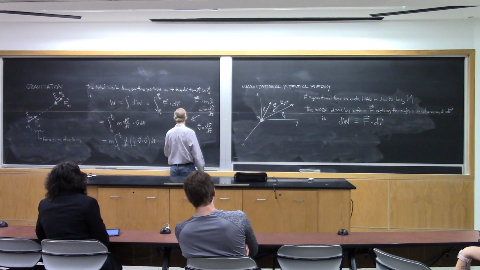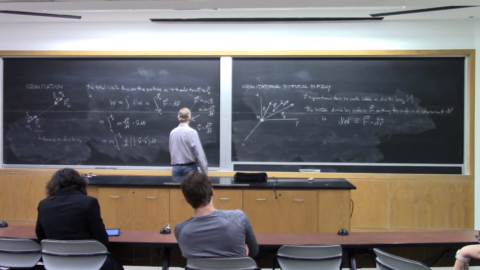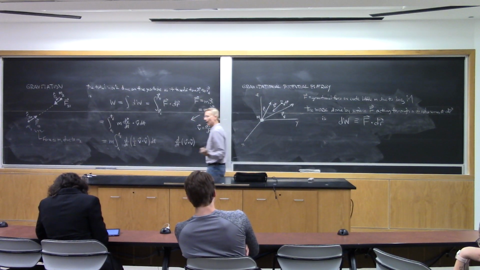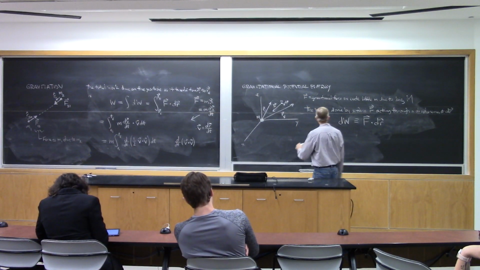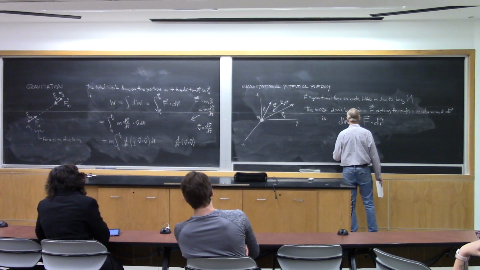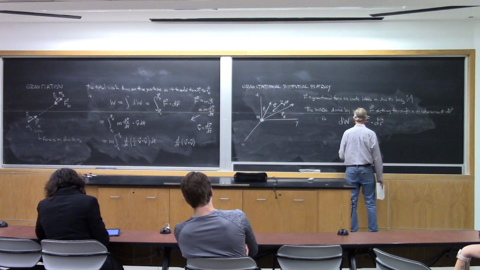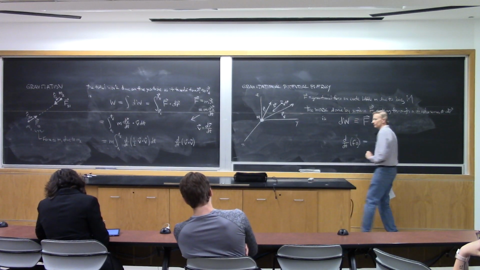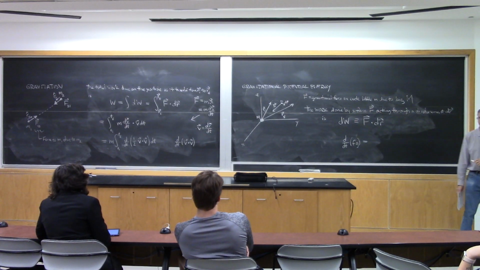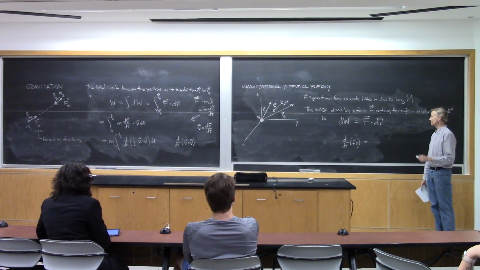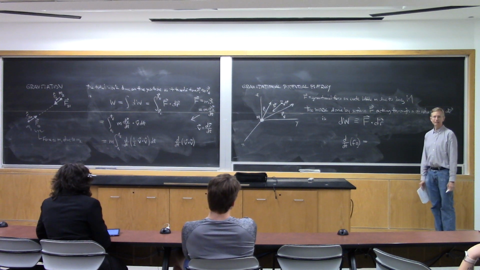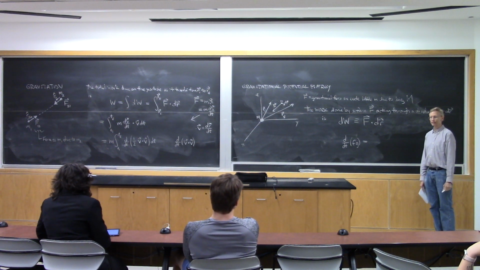Well, if I take d/dt of v dot v, dot products obey the product rule, right? So if I have two functions, d/dt of fg, what does the product rule say? It's just two functions of time, f of t and g of t. The derivative of the product is, how do you do that?